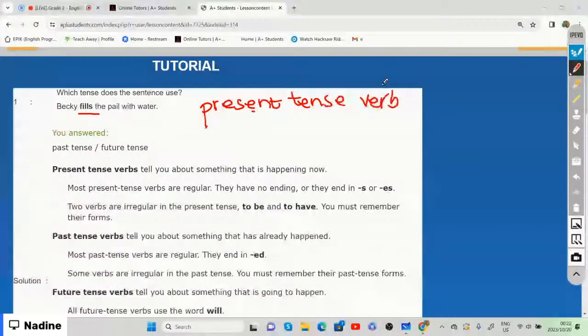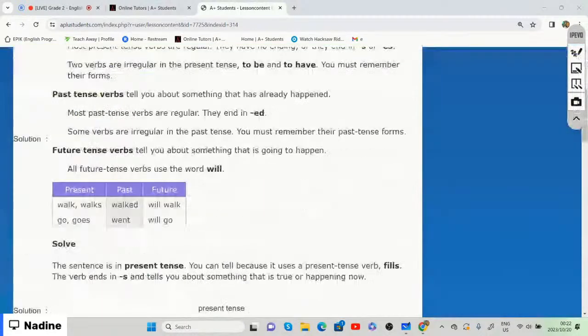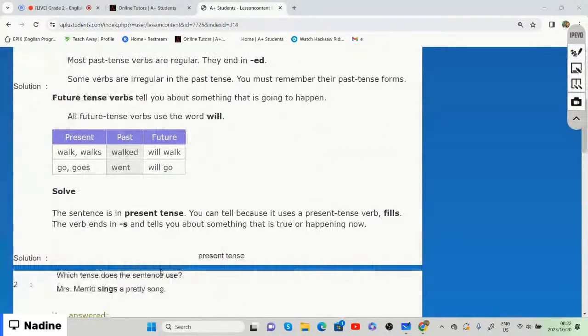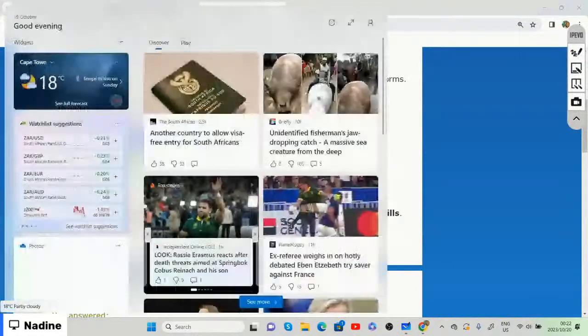It is happening now because now Becky fills the pail with water. So that is a present tense verb. And we say the ending is in s.